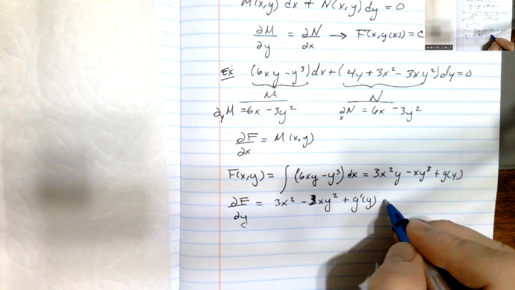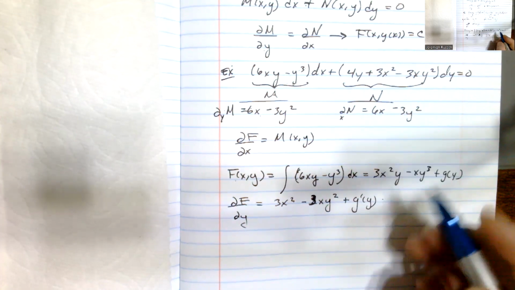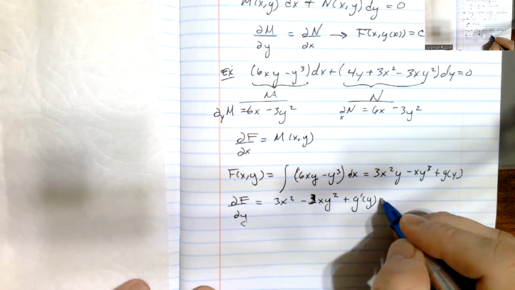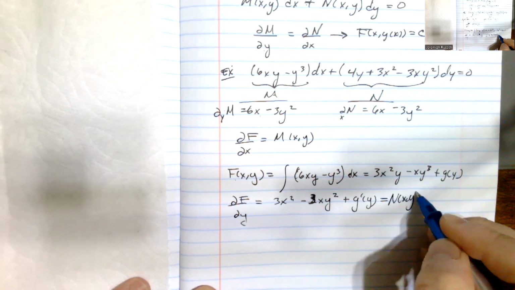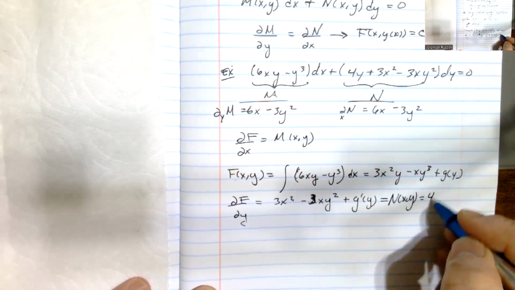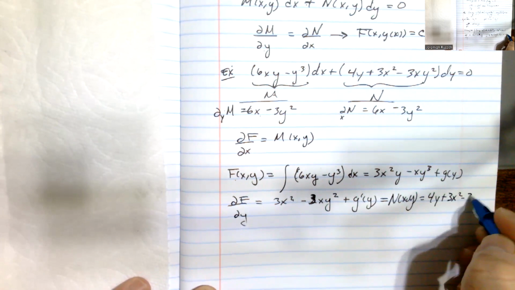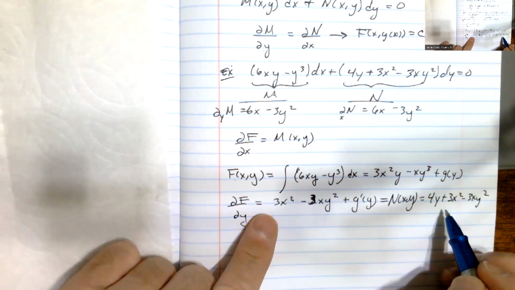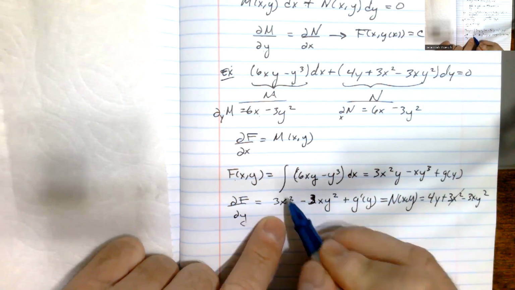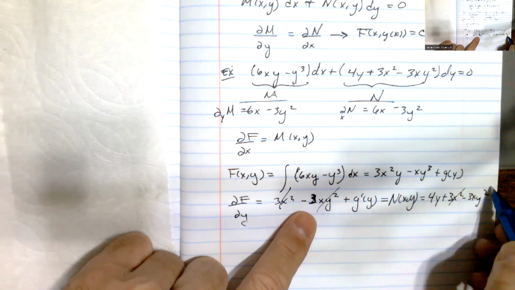Okay, and now let's set this partial derivative equal to our N and compare. So this is supposed to be equal to our N of x, y, and that is 4y plus 3x squared minus 3xy squared. So if we compare, the 3x squared is going to cancel, and the negative 3xy squared is going to cancel.